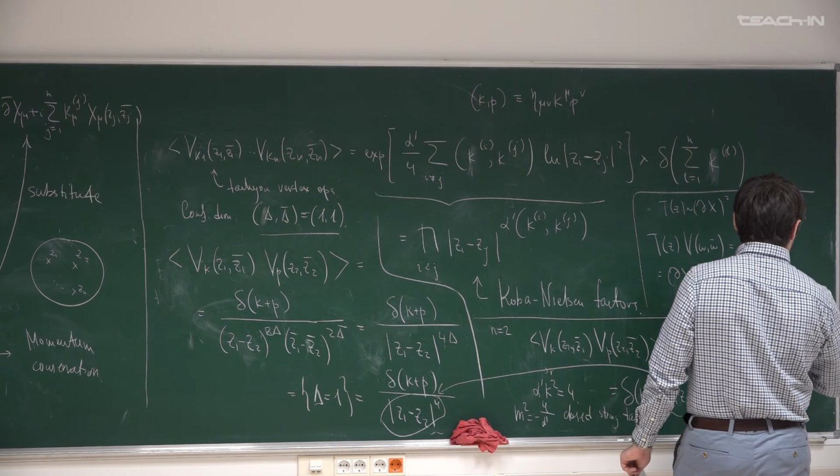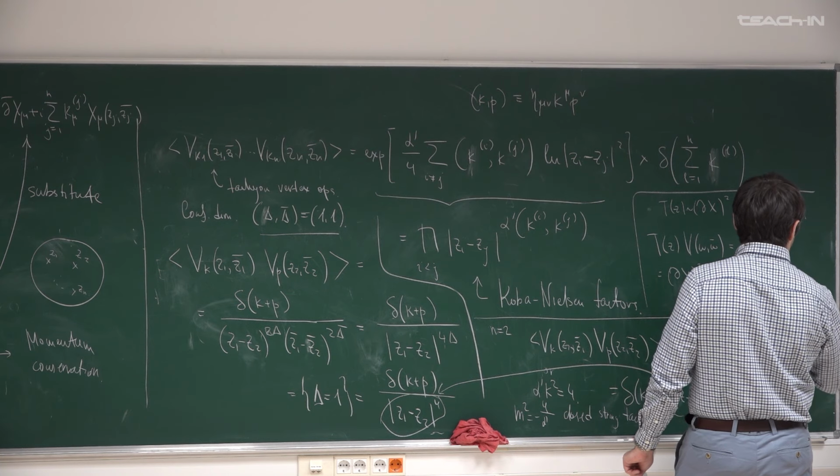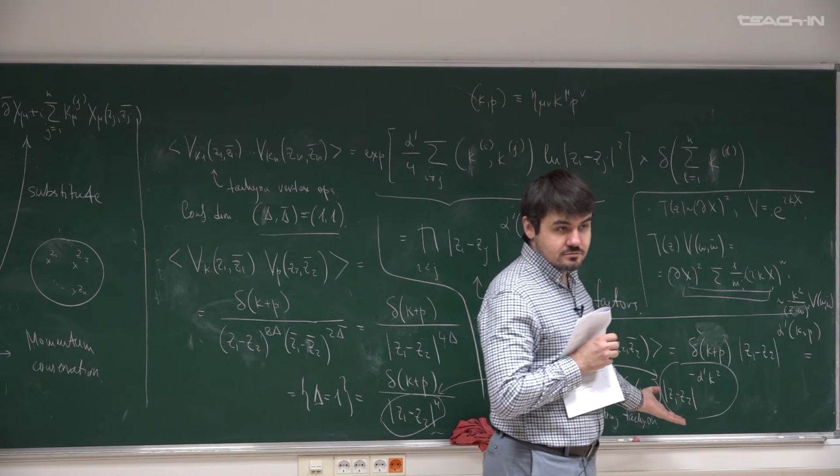Since you want this to be 1, roughly speaking, you get again this condition. Well, there is an alpha prime somewhere, which I have forgotten. So there are different ways: you can either compute the OPE, or compute the 2-point function. The result is the same.